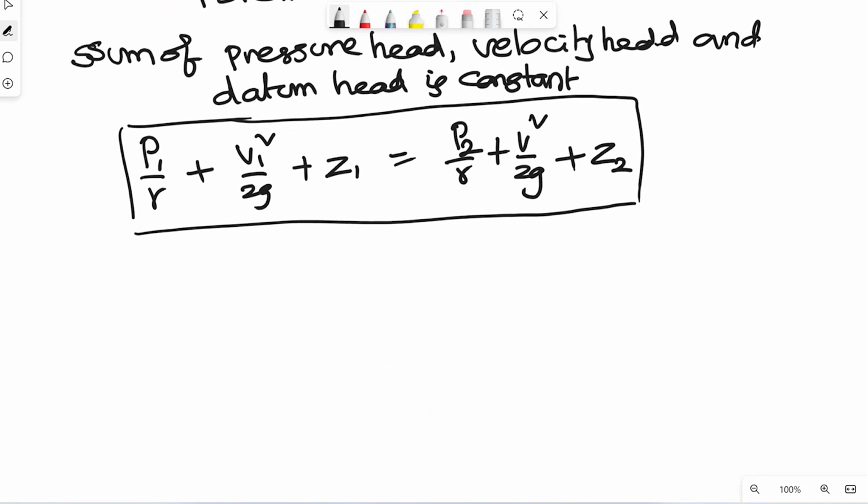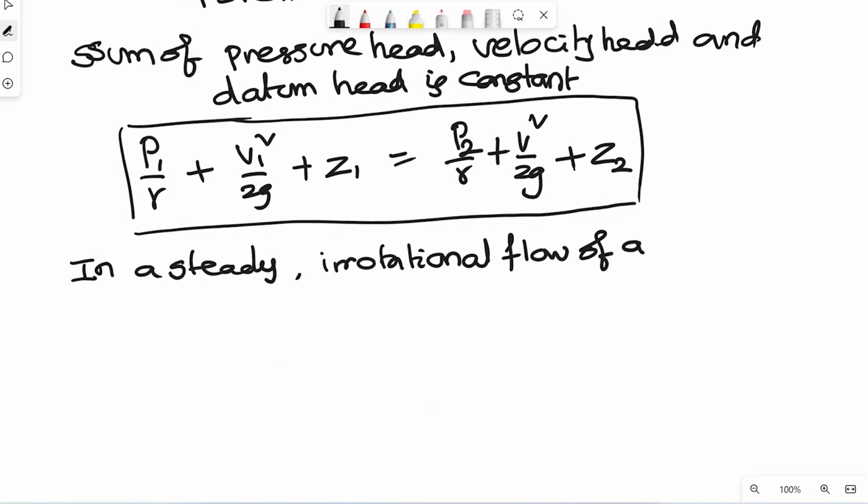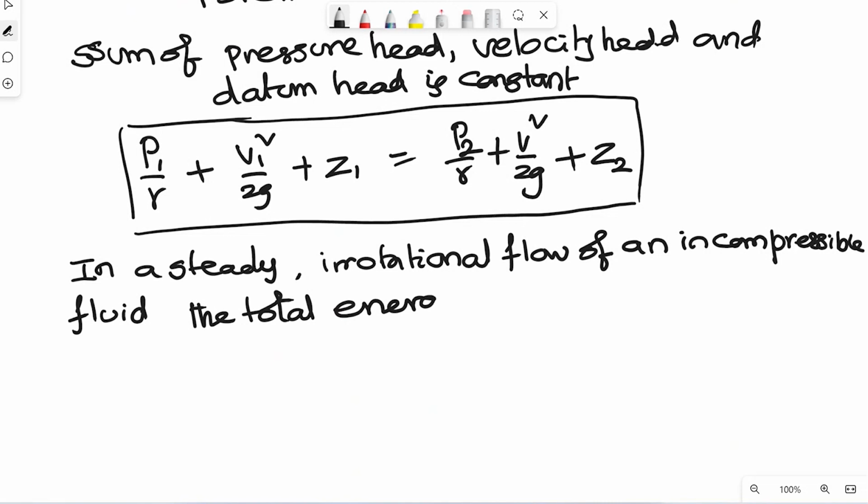What is the statement of Bernoulli's equation actually? Bernoulli's equation states that in a steady, because this is one assumption we have made, irrotational flow of an incompressible fluid, because rho is constant, the total energy at any point is constant.